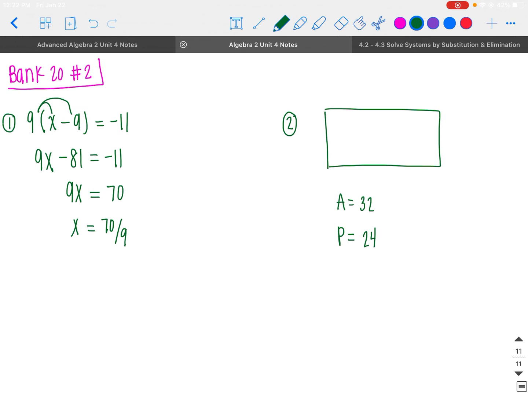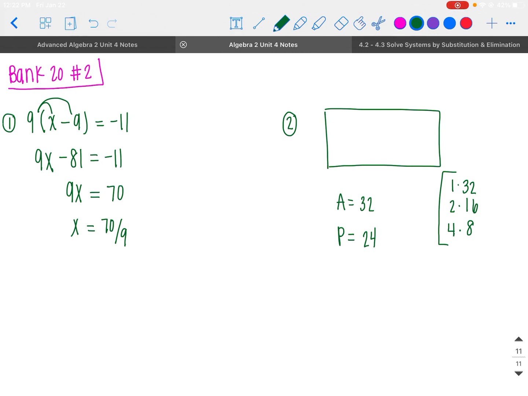So we need to figure out what side lengths would give us this area and perimeter. Since we know area is multiplication, we could do 1 and 32, 2 and 16, 4 and 8. Those would all give us 32. So all of those would be sides for 32 area.